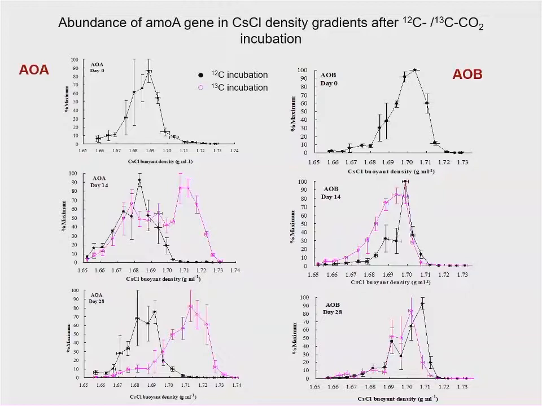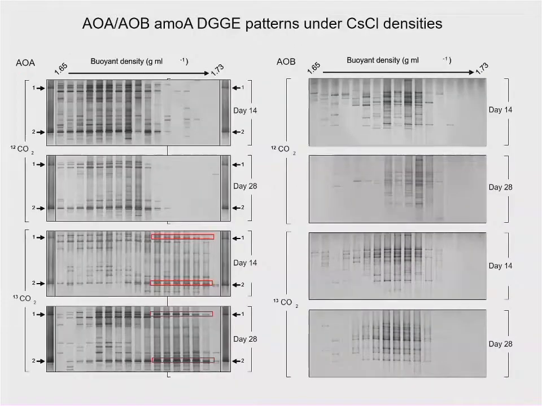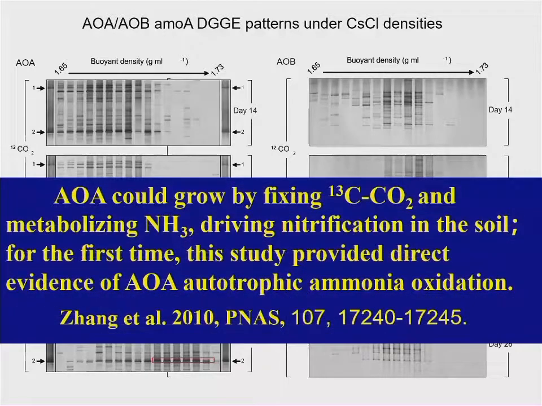But this is for the AOB. The peak is still in this area. And then we can further identify which AOA play the role. This is the AOB. There is no band in the heavier group. This is the AOA. After 2 weeks or 4 weeks of incubation, there are many bands. Those microbes, those archaea, play the role in the nitrification.